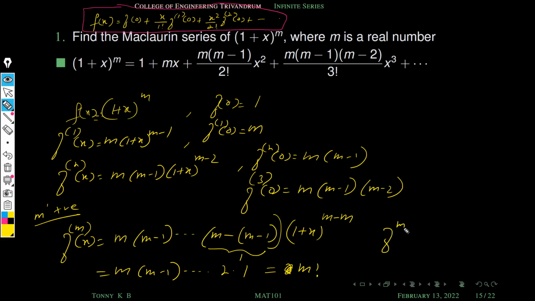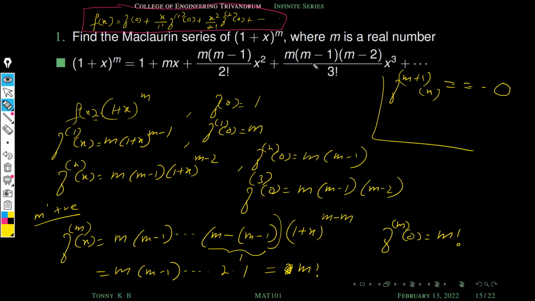So what about fm of 0? That is also m factorial. Here the mth derivative is a constant, m factorial. So what about fm plus 1 of x and so on? All the derivatives after this are 0 because it's a constant.